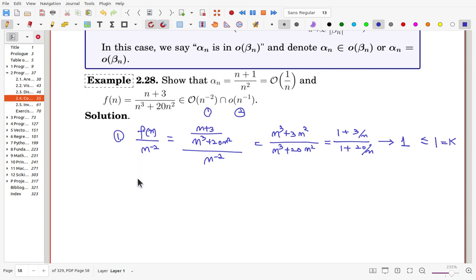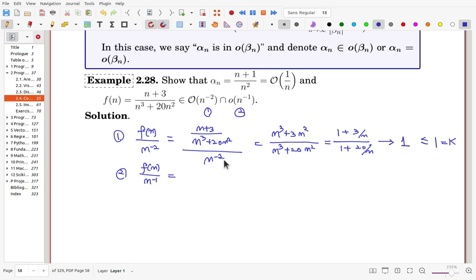How about the second part? Here we have to check the ratio f n over n to the minus 1, or f n divided by n to the minus 1.